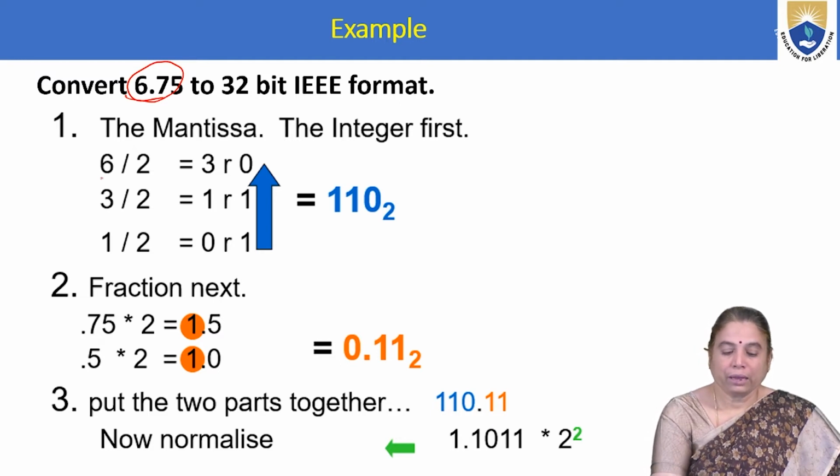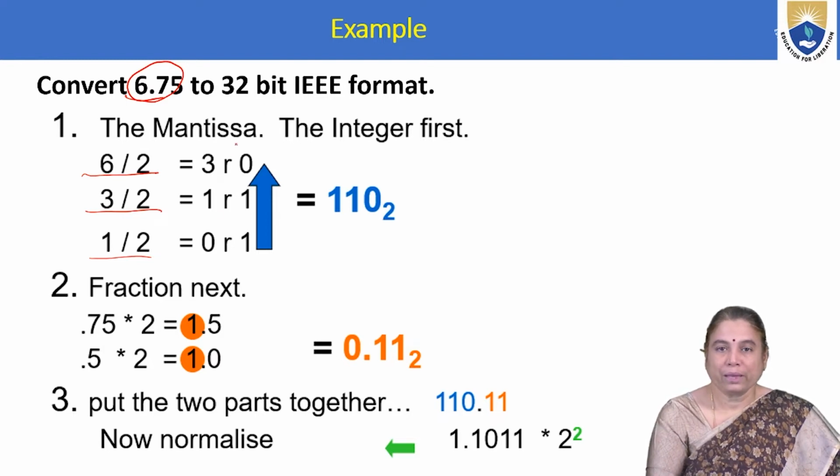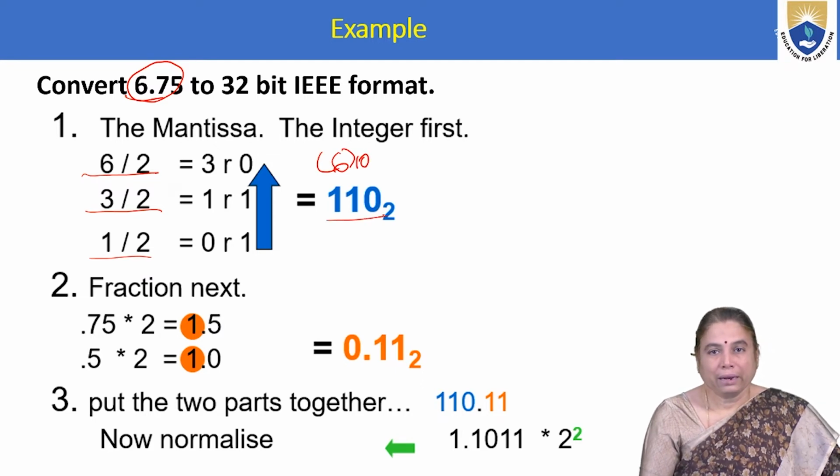We can use the continuous division method, and whatever remainders we get are represented in binary fashion. So the binary equivalent of 6 is 110. This is the end of the first step.